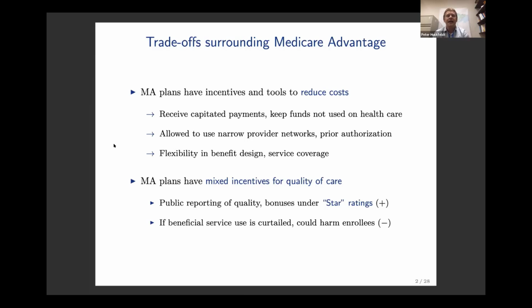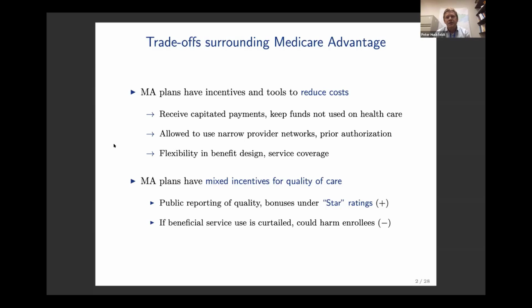And then finally, they have flexibility in the way they design their health insurance benefits and the types of services that they cover that can, for example, point patients to receive case management or telemedicine services that could avoid some kind of downstream healthcare use. So they can innovate in different types of areas.